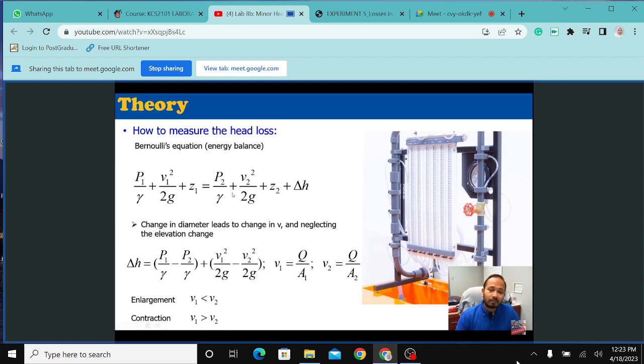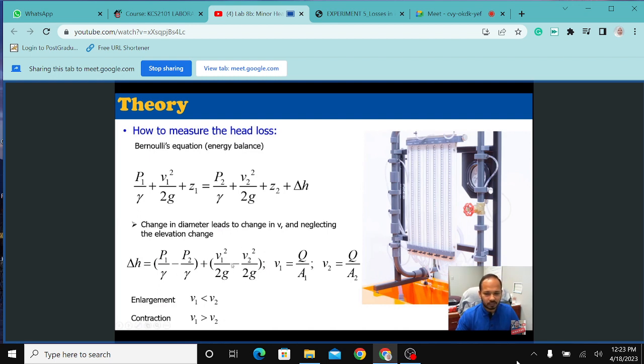So again, if we apply Bernoulli's equation, for example in this case, this is the inlet of the long bend and this is the outlet. Here, the diameter of the pipe doesn't change. If it doesn't change, we still stick with the same concept. Del H would be only the change in pressure.